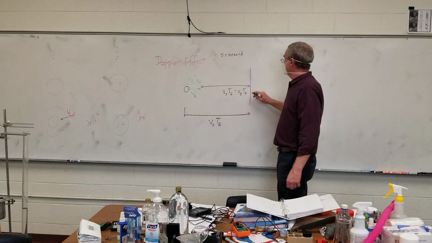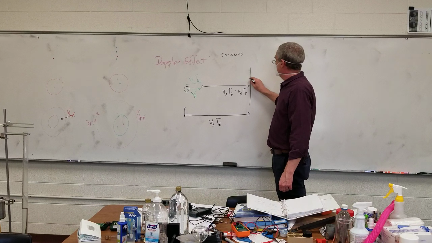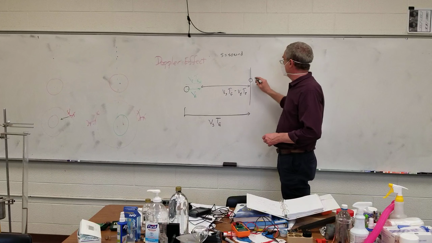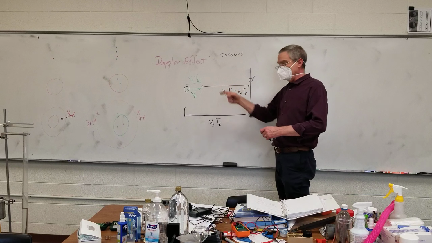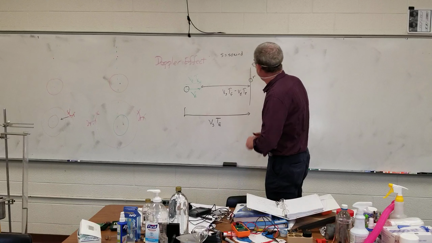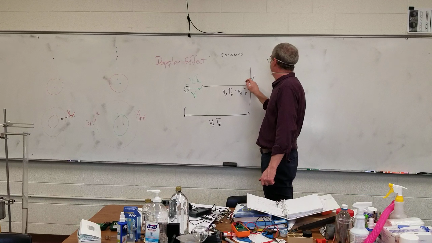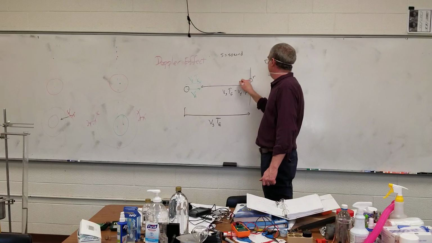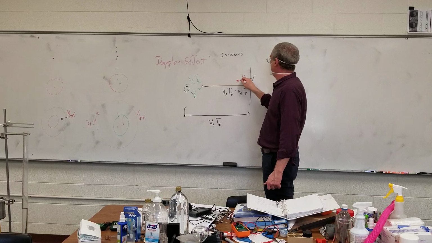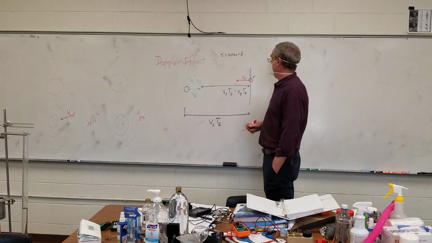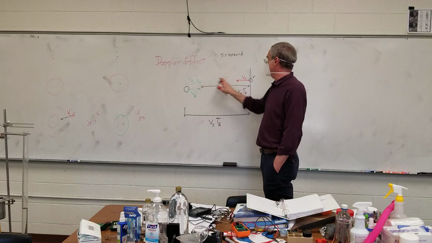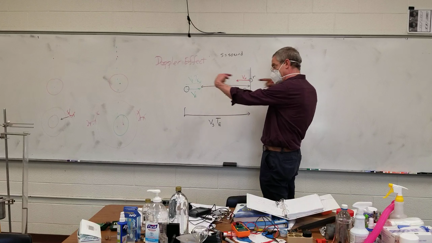The receiver is at this point right here, so we're going to make that the receiver. The receiver is heading in that direction at some speed v sub r. And he is going to get the second wave at some point in between here, because they're coming towards each other.